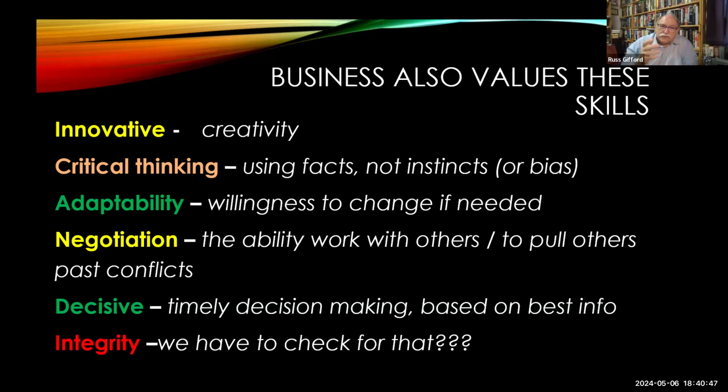Negotiation, we're going to see this is the communication one on the other list, but it's the ability to work with others and to pull past conflicts. That's a very big one, right? Because so often we end up with those biases I talked about are built in because, well, I had a bad experience with this person last time I worked with them, or I had a bad experience with this rule or regulation.